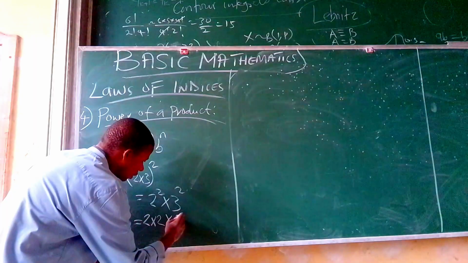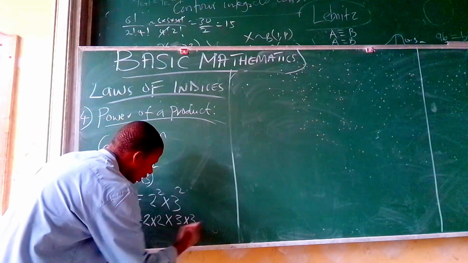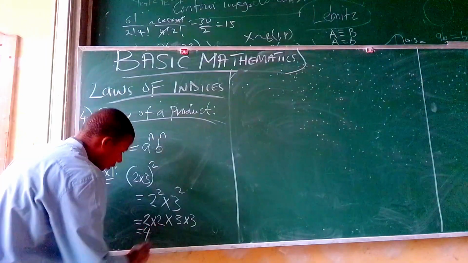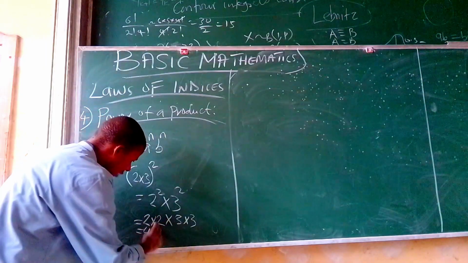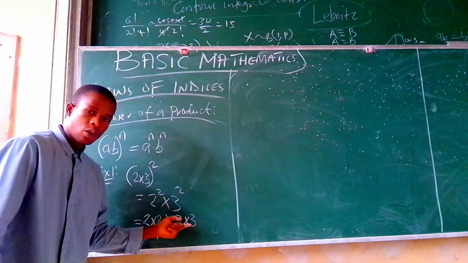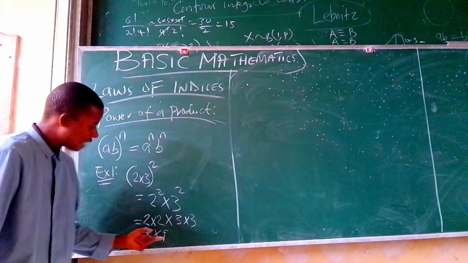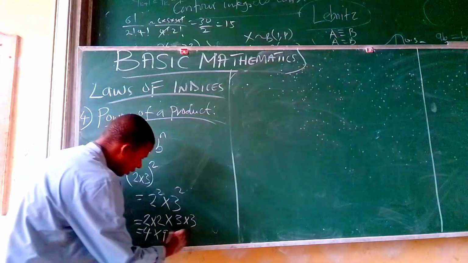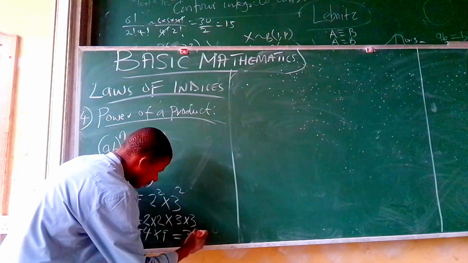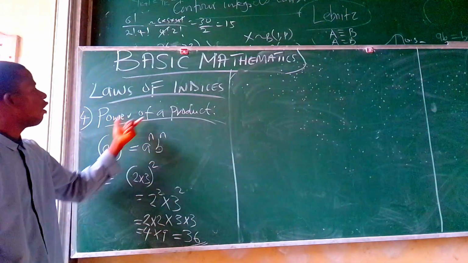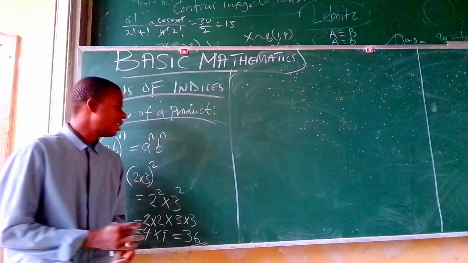This is 3 times 3. 2 times 2 is 4, times this here. 3 times 3 is 9, right? Now 4 times 9 is what? 36. And this is the answer using the power of a product law in indices.